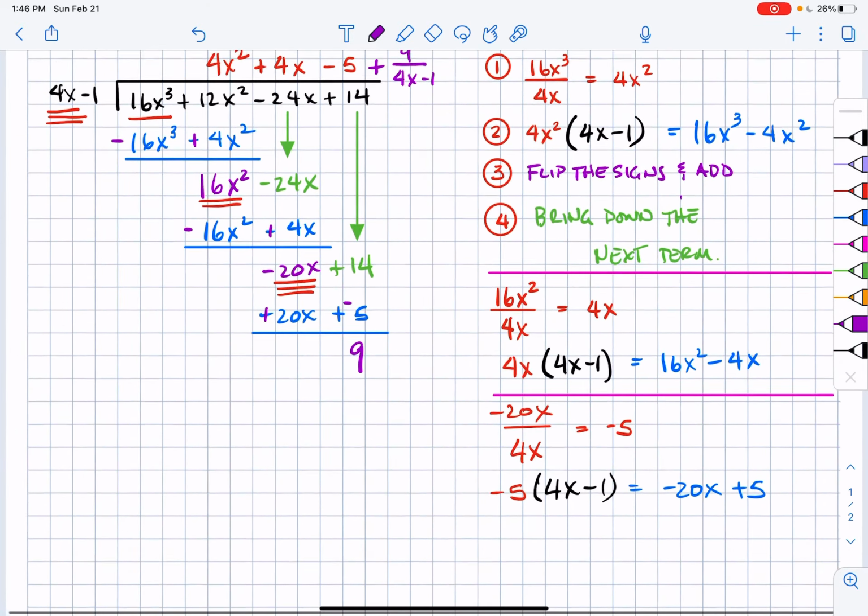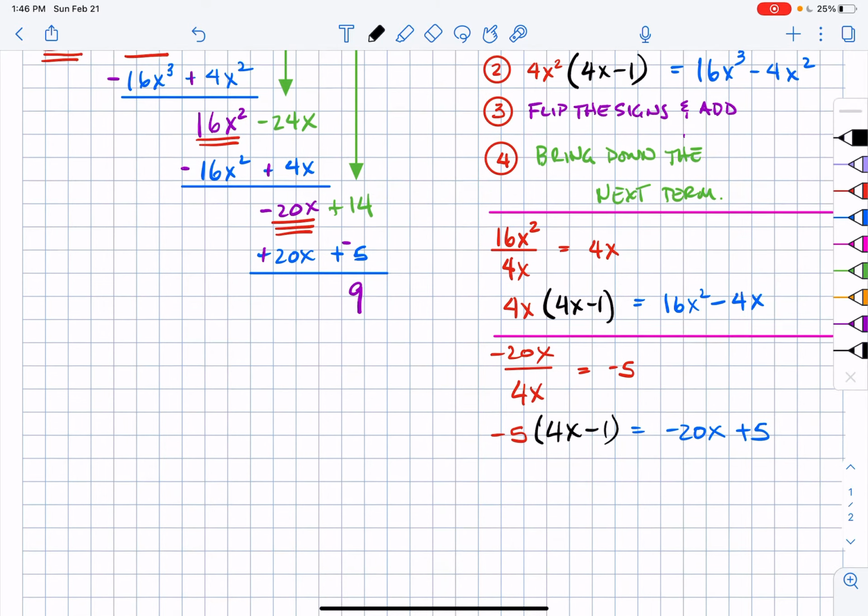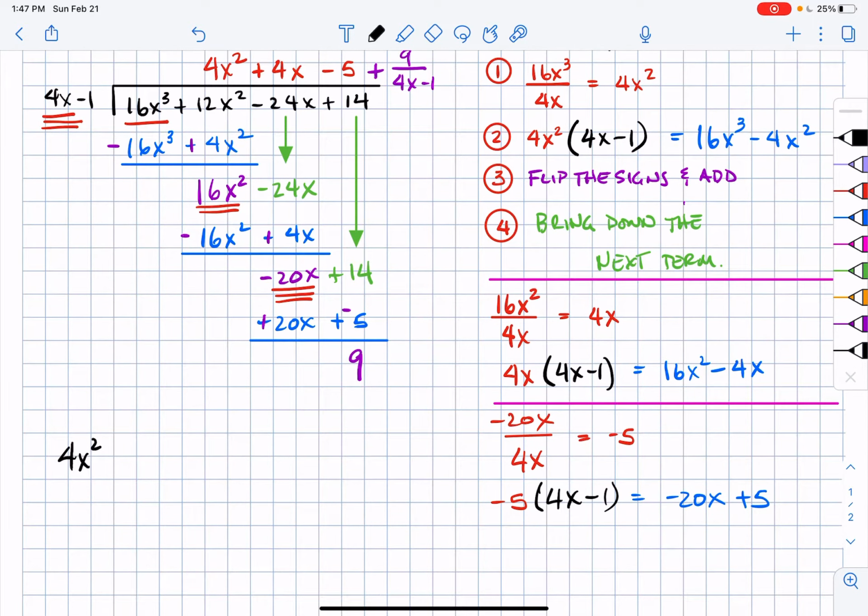So my answer is that whole thing, which is 4x squared plus 4x minus 5 plus 9 over 4x minus 1. And that choice is going to be choice D.